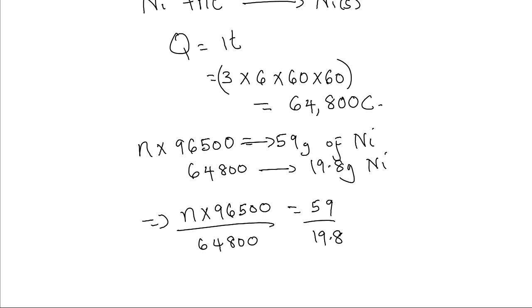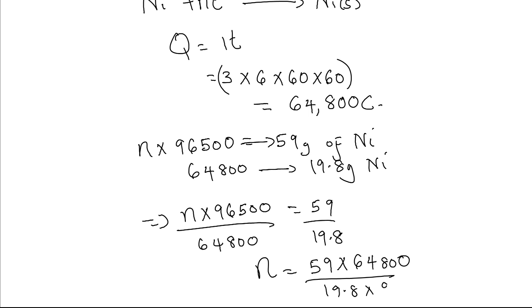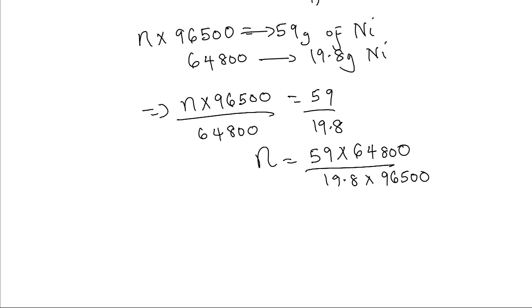So that multiplication will give N is equal to cross multiplication, 59 times 64,800 all over 19.8 times 96,500.